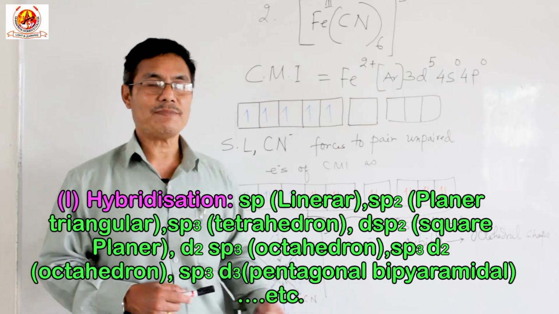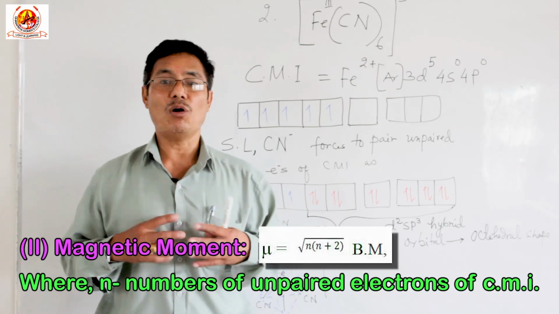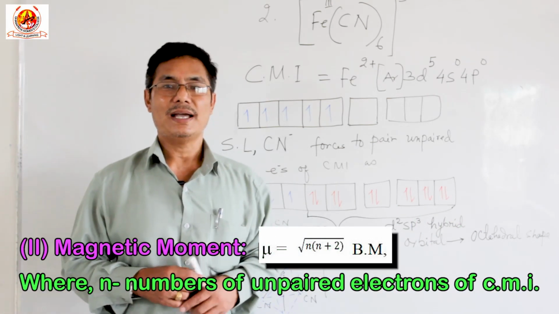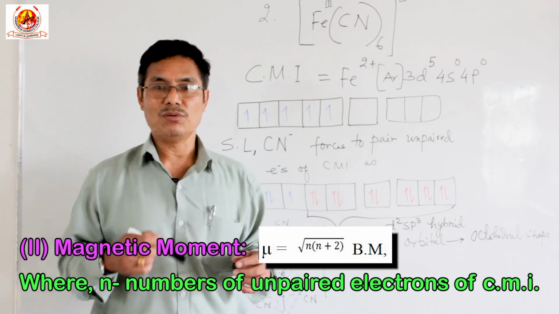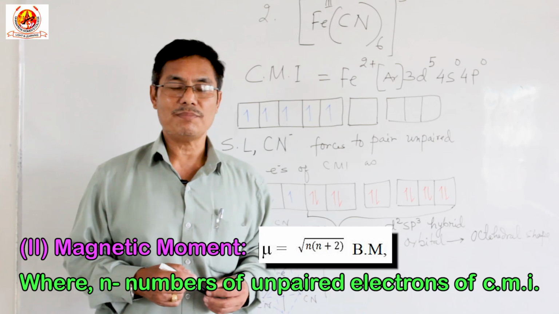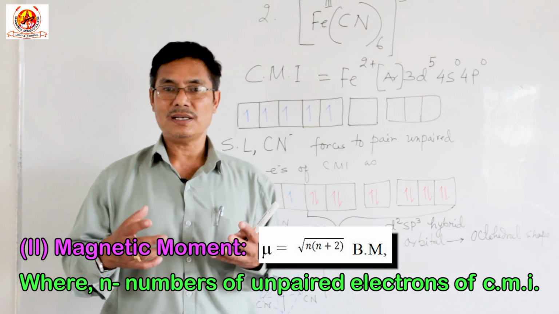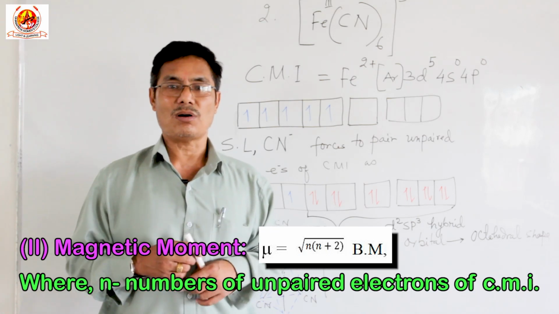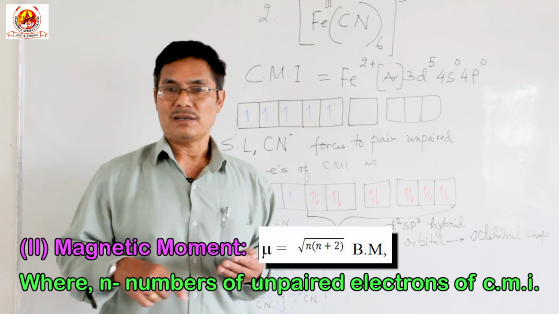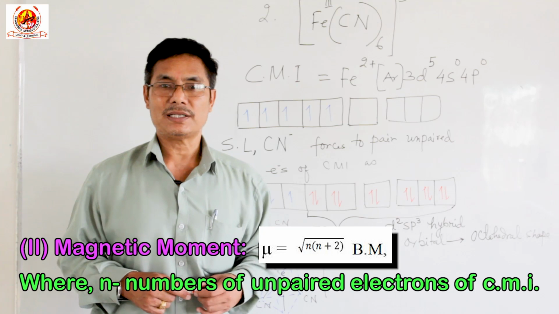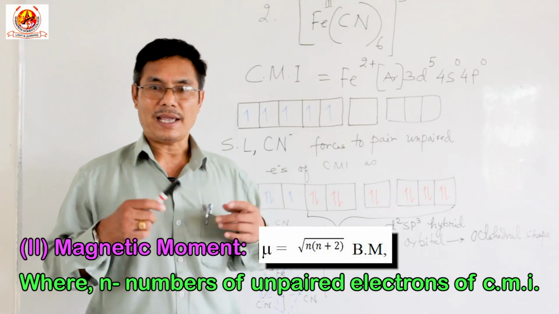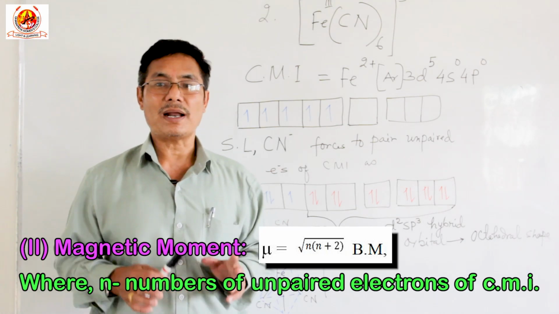Then the second property is magnetic moment, denoted by mu. I have given in the figure mu, which is given by the relation mu equals root over n into n plus 2. It gives the magnetic moment. Here n represents the number of unpaired electrons.